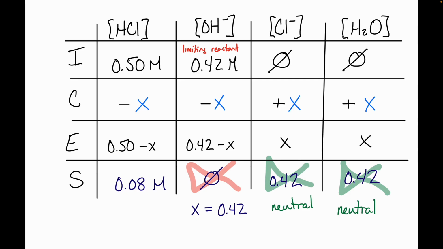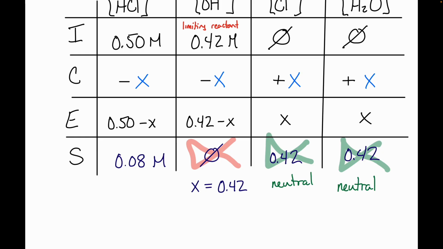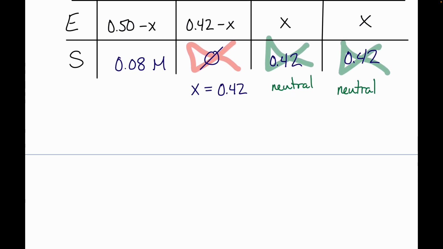Can we calculate the pH of a solution that contains 0.08 molar HCl? How are we going to do it? Negative log of our concentration, because if it's 0.08 molar HCl, all of that HCl dissociates. So we're left with this solution of strong acid. We're going to calculate our pH using our strategy for our solution of strong acid. All right, what remains is simply a solution of strong acid.